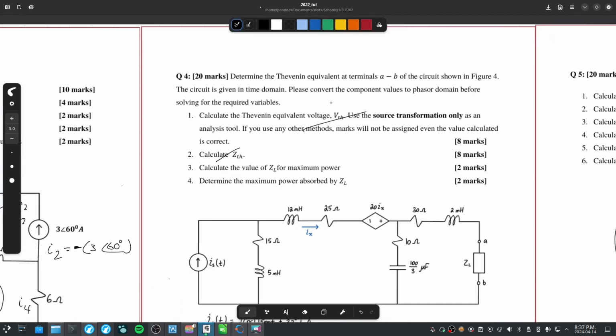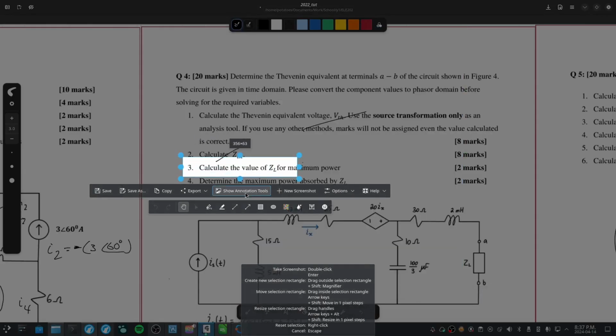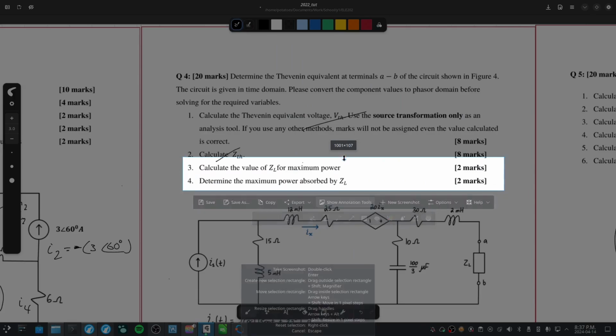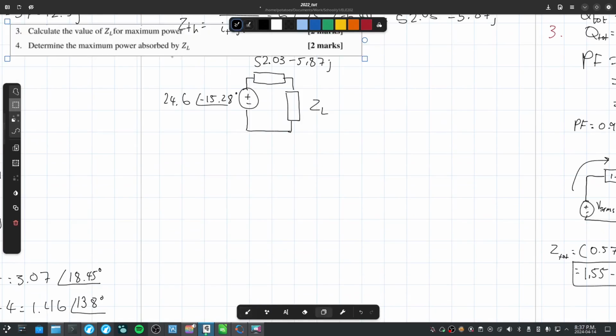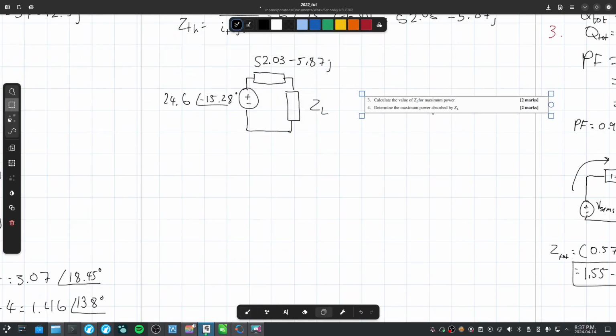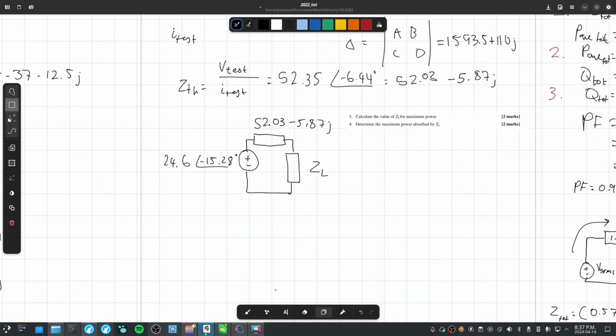Let's go to the top. Calculate the value of ZL for maximum power. Now the trick here is that the maximum power occurs when, in DC we learned that RL is equal to RTH when the maximum power occurs.